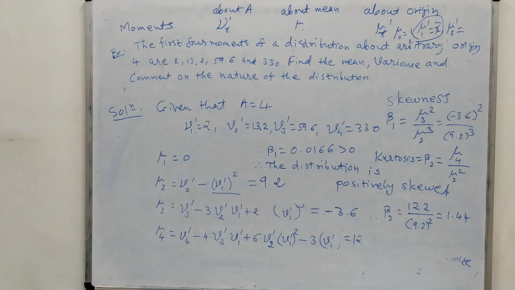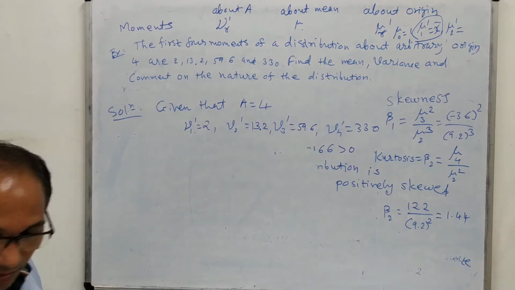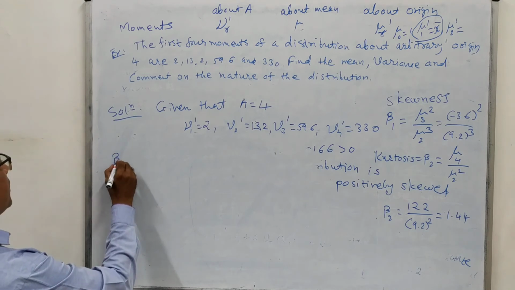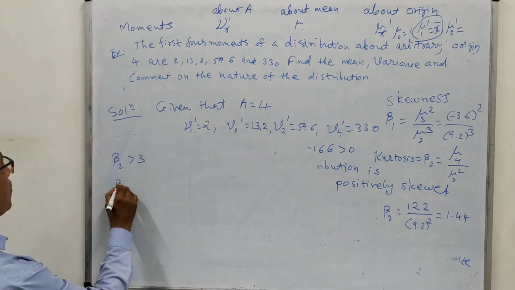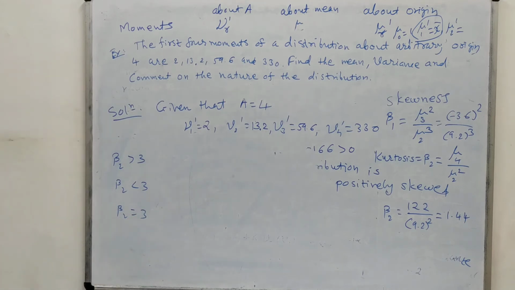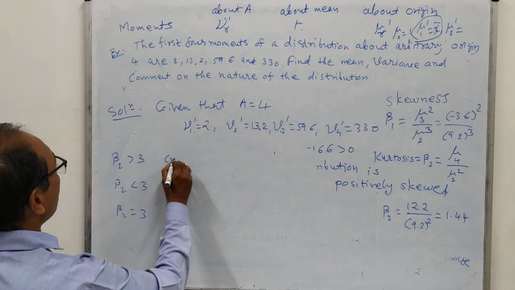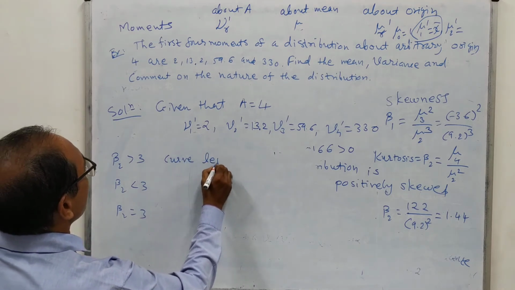We comment on beta 2 in three ways: beta 2 greater than 3, less than 3, or equal to 3. When beta 2 is greater than 3, the curve we get is leptokurtic.